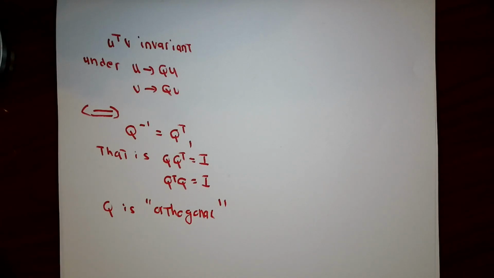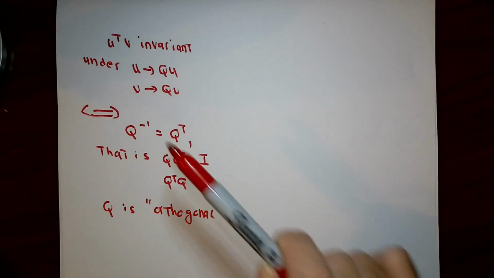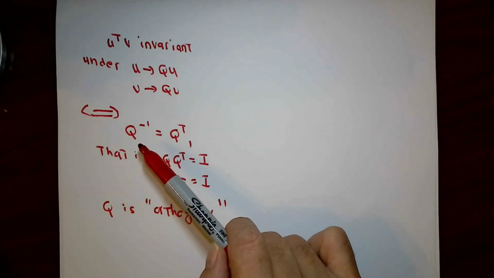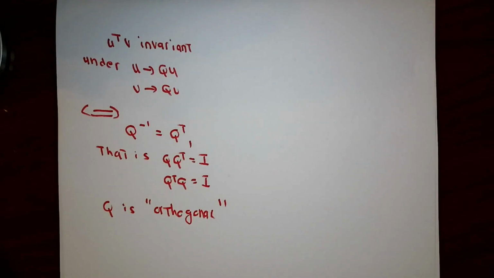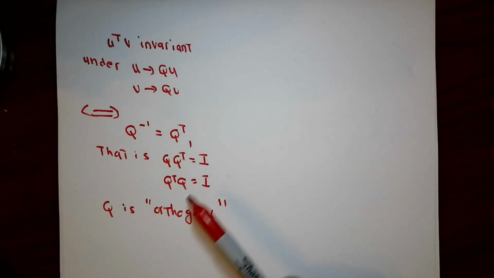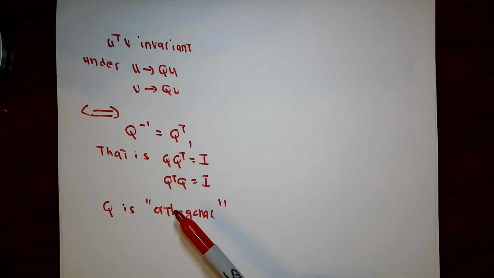In ordinary Calc 3 parlance, written in matrix notation, the dot product u transpose v is invariant under a linear transformation if and only if Q inverse is Q transpose. That is to say, Q times Q transpose is the identity, and Q transpose Q is the identity. The linear algebra name that we gave that is, we say that the matrix Q is orthogonal.